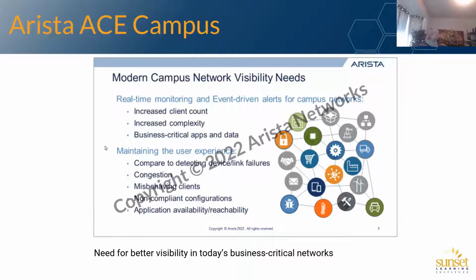So again, some of you are probably familiar with good old SNMP, Simple Network Management Protocol, where we do polling every so often to say, hey, is this network okay? But the problem with polling is things can happen in between the polling. So devices can go offline, they can come back online.